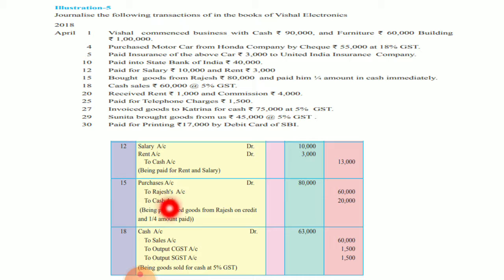So cash account, because cash is coming inside the business. When you sell the goods, cash is coming inside the business, so debit what comes inside the business. So cash account debit 63,000 to sales account 60,000 to output CGST account 1,500 to output SGST account 1,500. Being goods sold for cash at 5% GST.